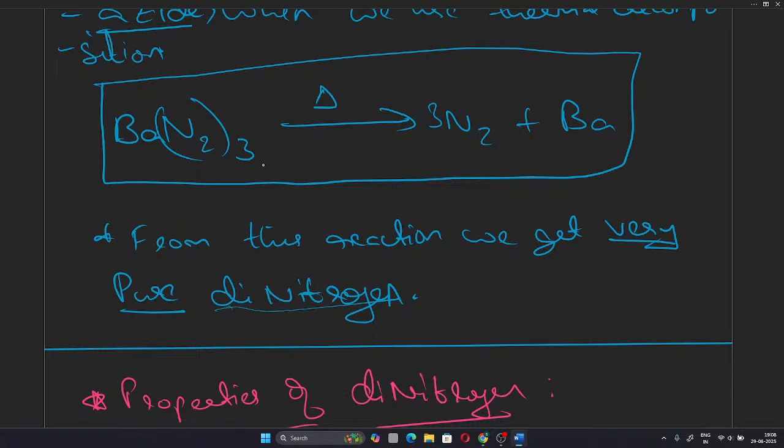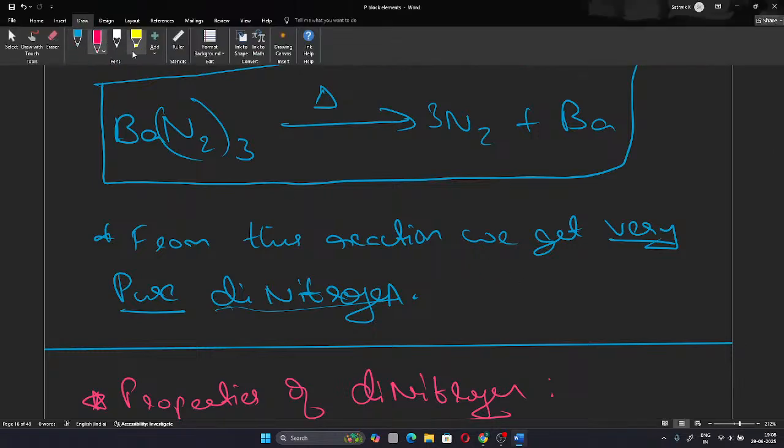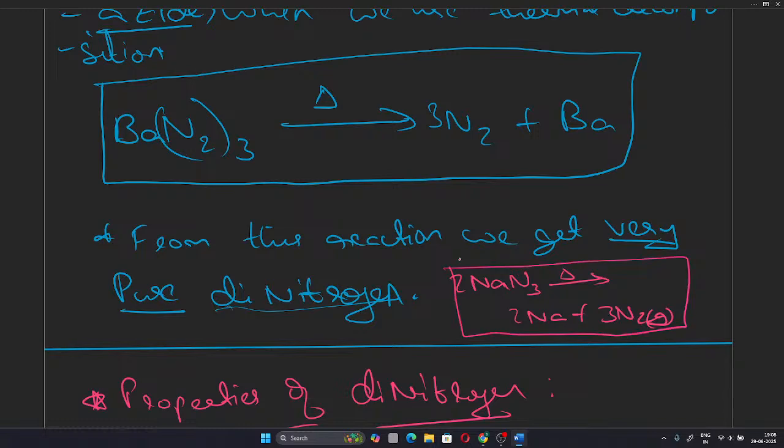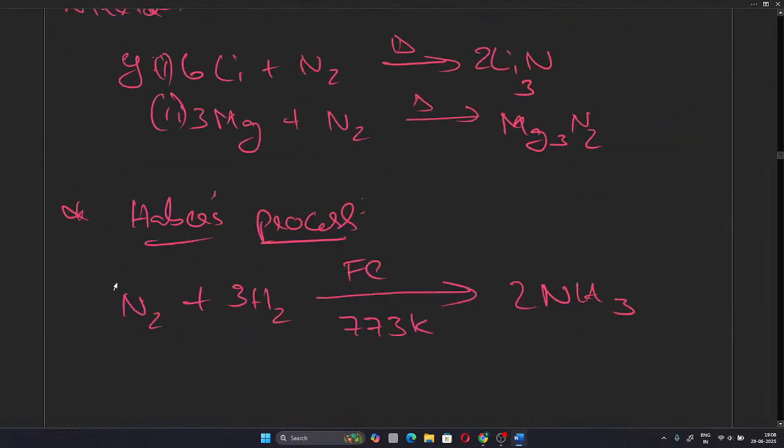NaN3 decomposition gives 2Na plus 3N2. This is the sodium azide reaction.